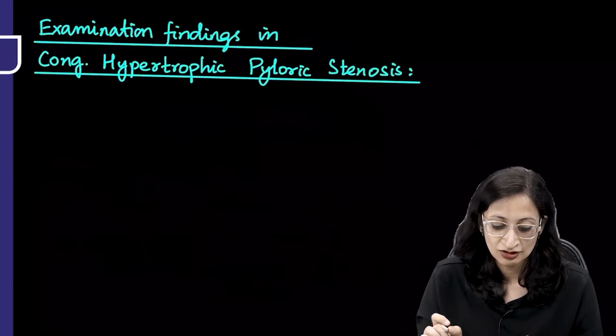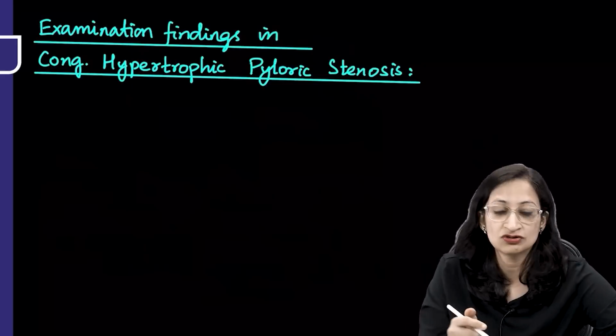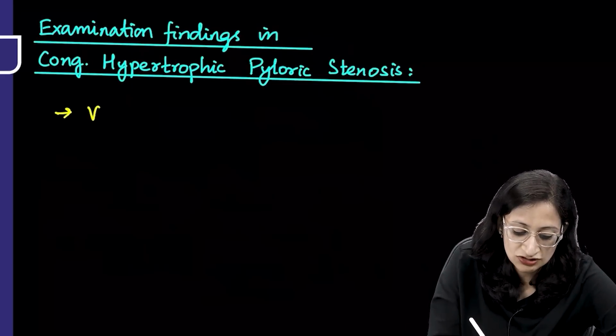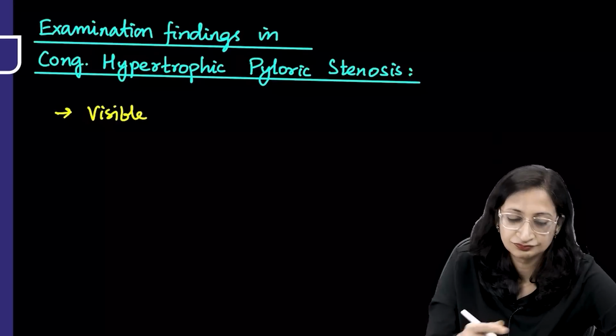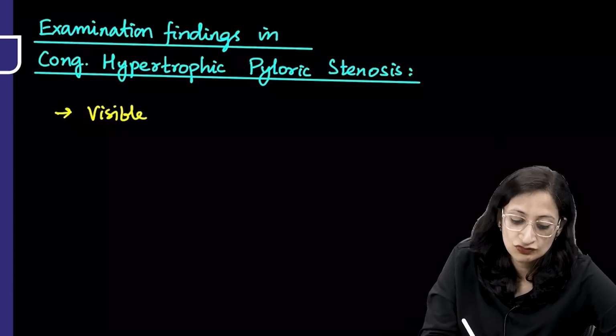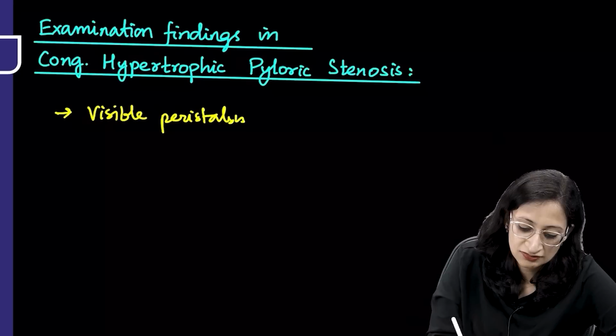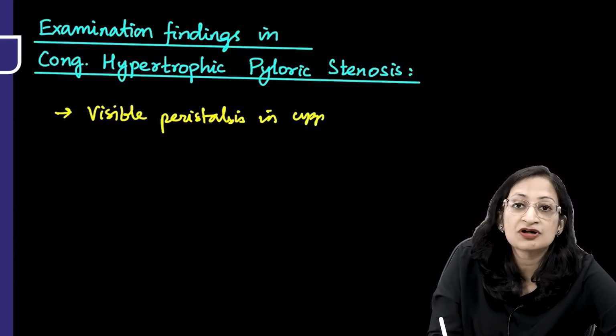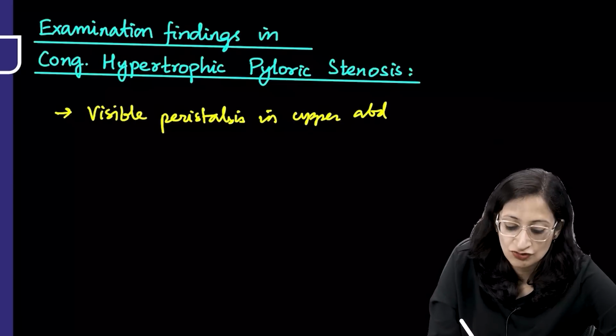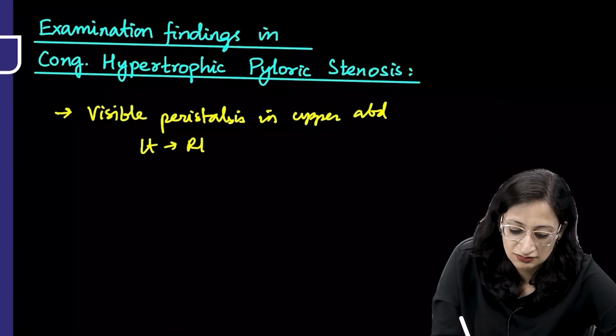Examination findings: visible peristalsis in the upper abdomen from the left to right side.